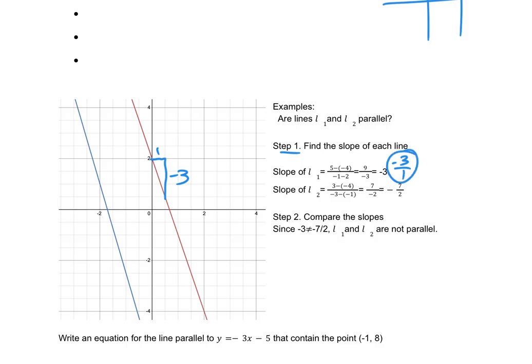That gives us the slope of -3. And line 2, if I go right 2 and down 7, that is -7/2. So these slopes are not the same. So we compare the slopes. We say, hey, these are not the same, so they are not parallel.